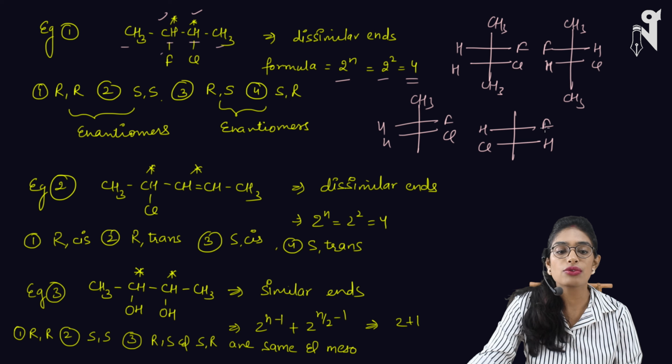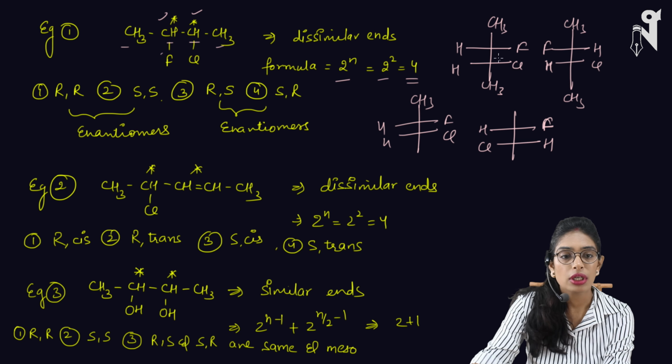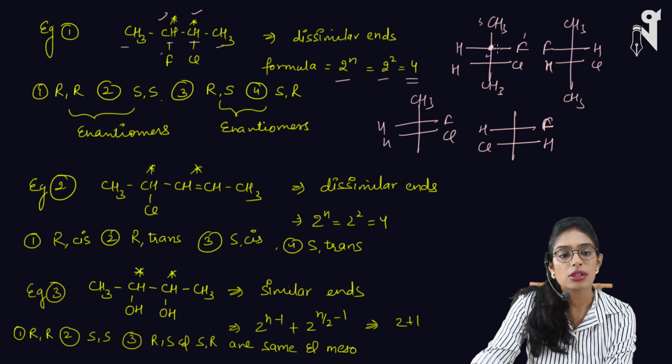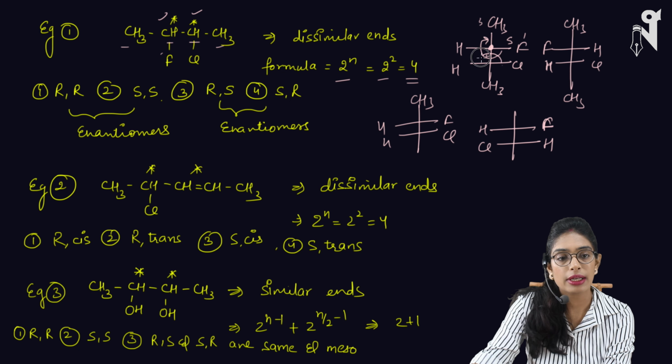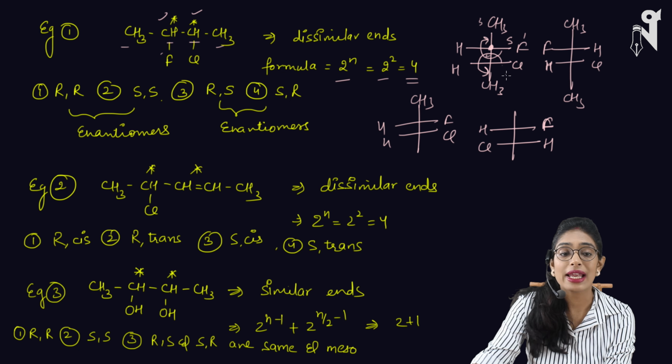Now if I try to find the R and S configuration for this center, this is 1, the lower one is 2 and this is 3. If I go from 1 to 3 it is clockwise and it is S, and the lower one is anti-clockwise and it is R, so SR.